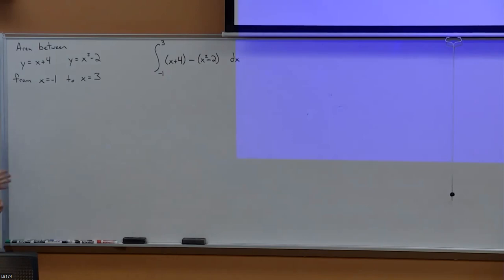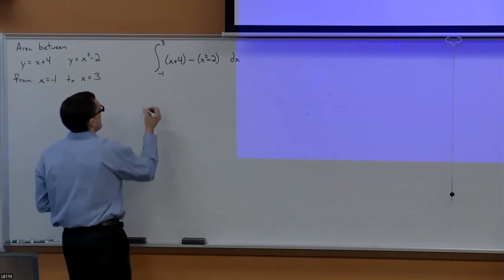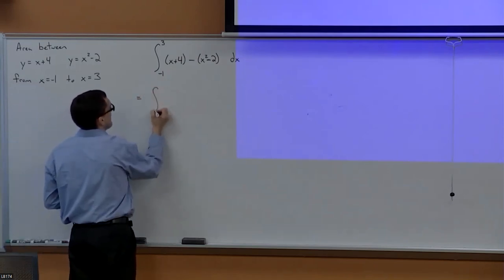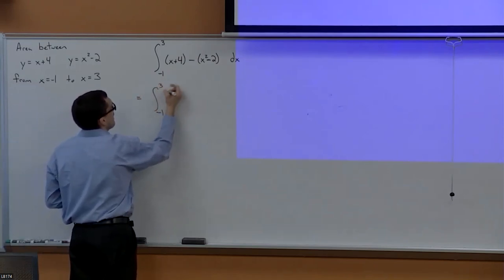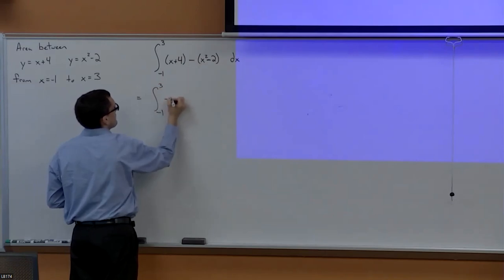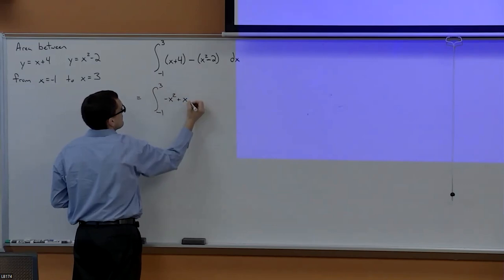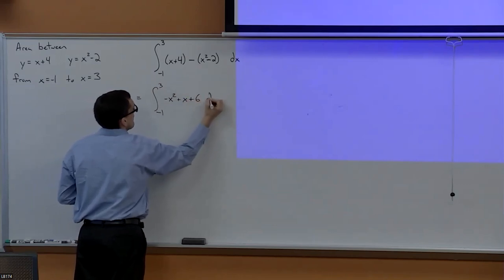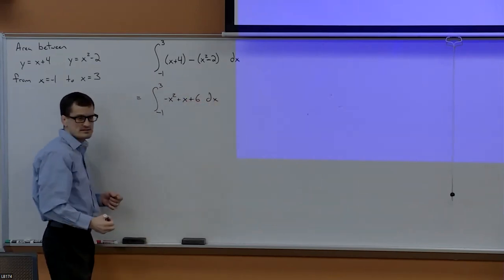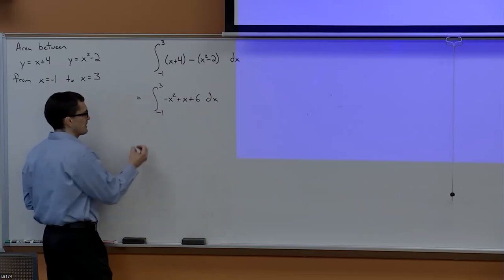Now you can, if you want, do this by hand. I'll do it once by hand. So if we were doing this by hand, I'd have -x squared plus x, 4 minus -2, that's +6, integrated with respect to x. That whole thing integrated with respect to x.